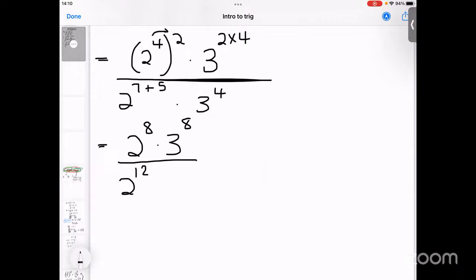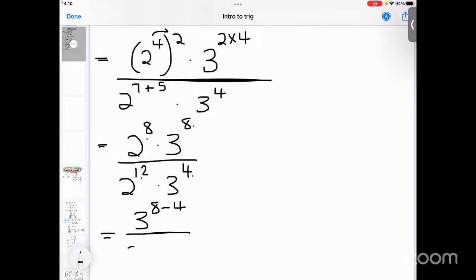And what else? Let's see, you have 3 to the exponent of 4. You remember what I said? I said the smaller exponent visits the bigger one, which means this 8 has to visit the 12. This 4 has to visit the 8, which means at the top, you have 3 to the exponent of 8 minus 4.